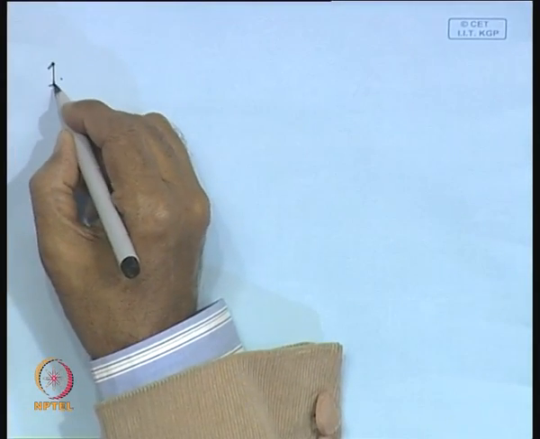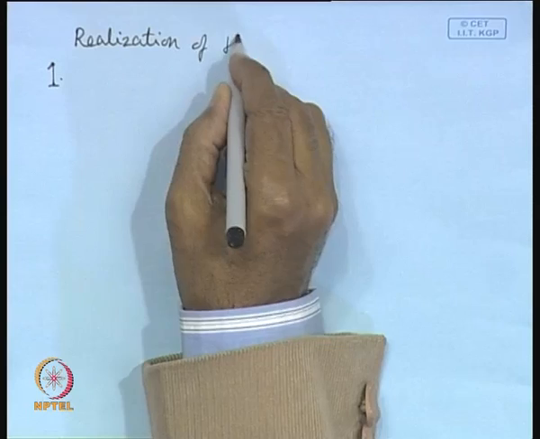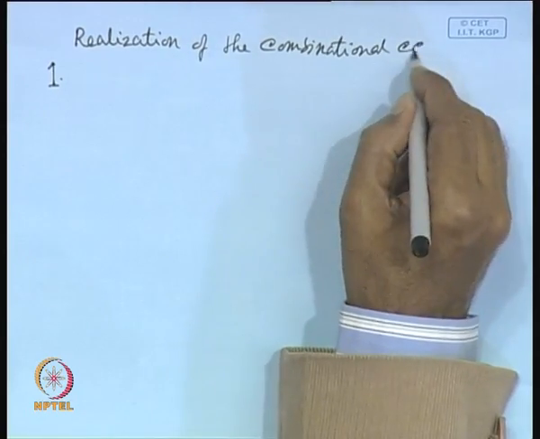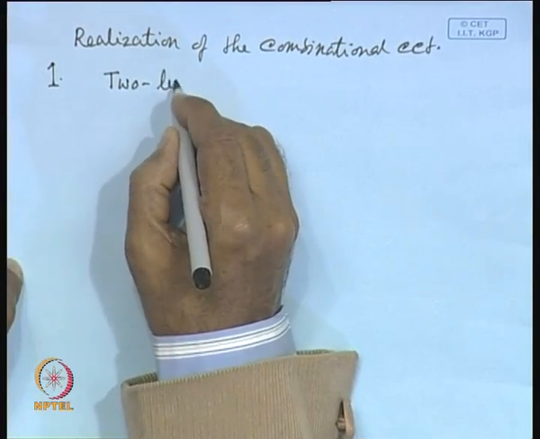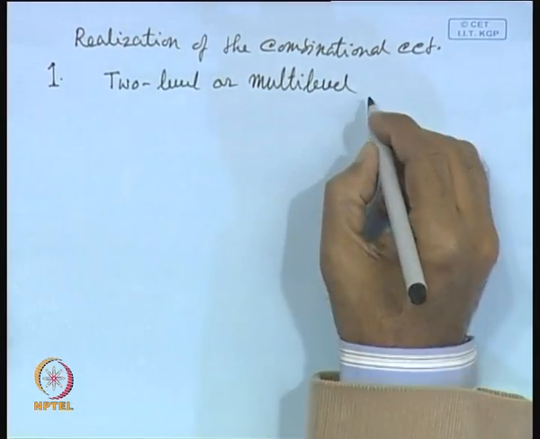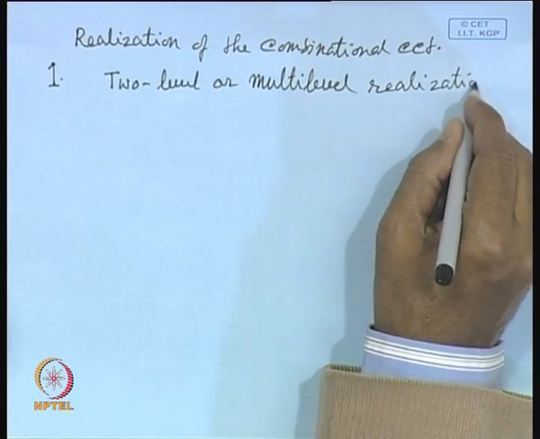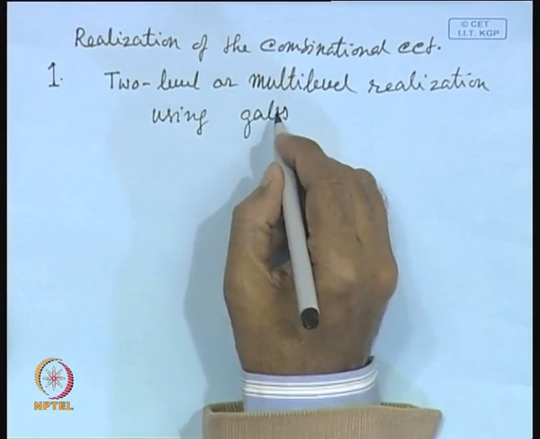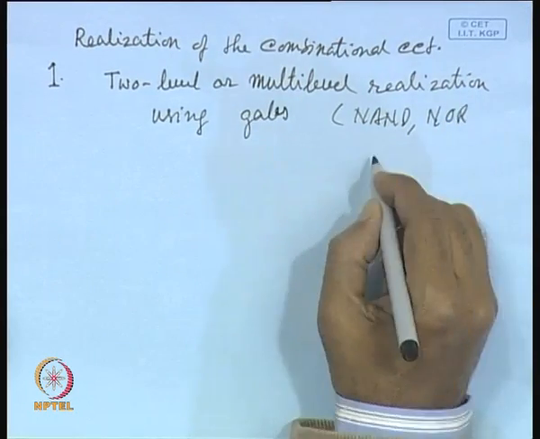Number 1 is realization of the combinational circuit part using either 2-level or multi-level realization using discrete gates like NAND, NOR, inverter.